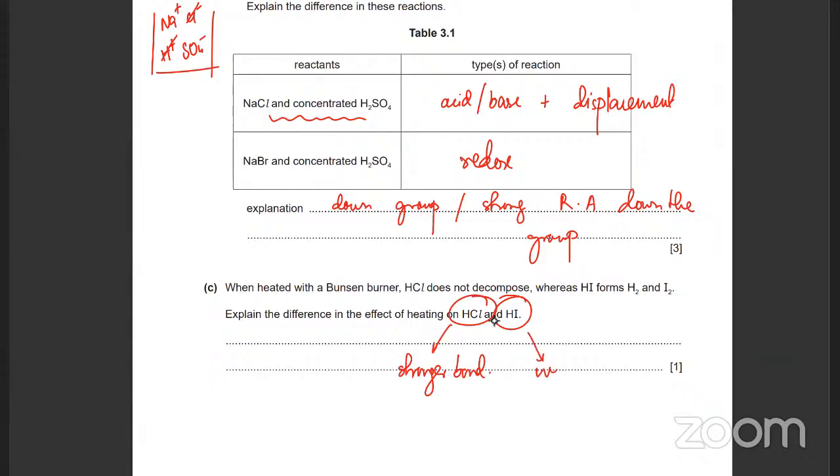It's less shielded. Yeah, that would be acceptable, but stronger bonds because you've got shorter bond length, more orbital overlap. And that leads to the... ignore bond length. The mark scheme said ignore bond length. They did talk about orbital overlap.